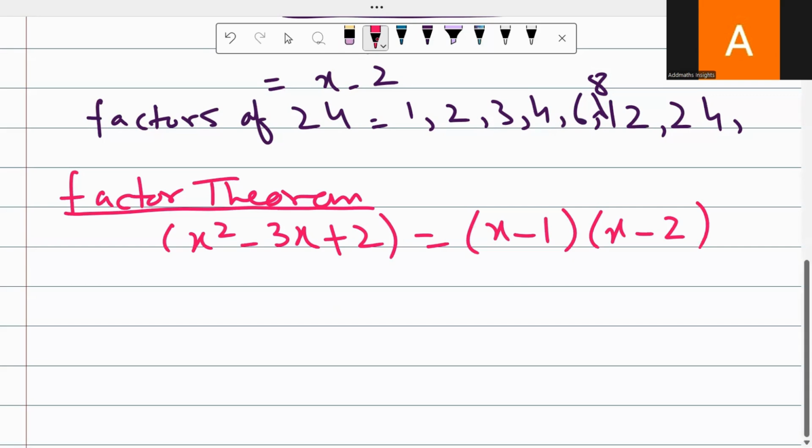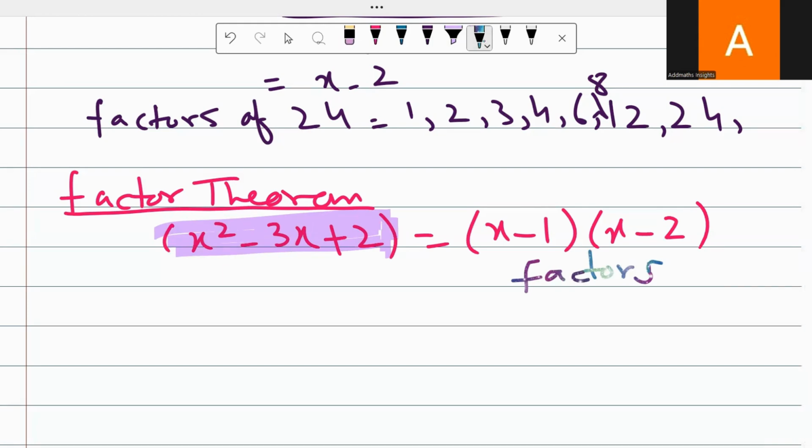This shows that x − 1 is a factor of this and x − 2 is also a factor, because this whole expression is divided by x − 1, and it is also divided by x − 2. So they are called factors. These are the factors of this polynomial x² − 3x + 2.